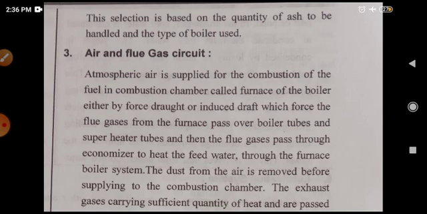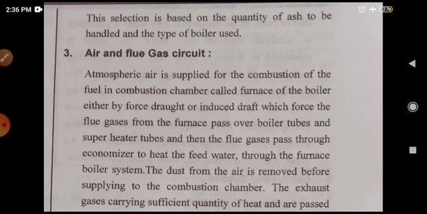Air and flue gas circuit. Okay, what are the flue gases? After combustion of this coal, we have taken some amount of air from the atmosphere for combustion, because we know that without air or oxygen we cannot have any combustion of fuel.